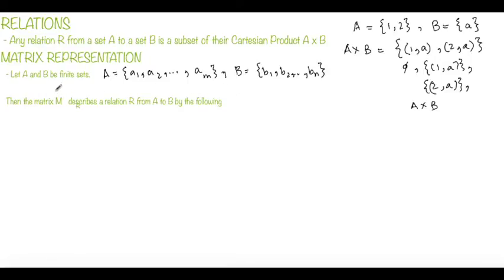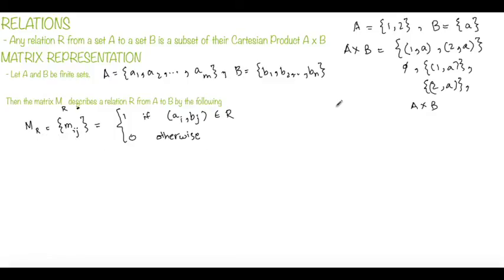Then our matrix representation, MR, is given by, the ij element, Mij, which is equal to 1 if the ordered pair (Ai, Bj) belongs to R, and 0 otherwise, that is, if (Ai, Bj) does not belong to R. So this is the definition of the matrix representation.